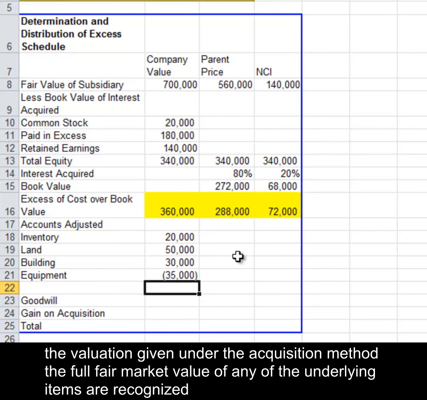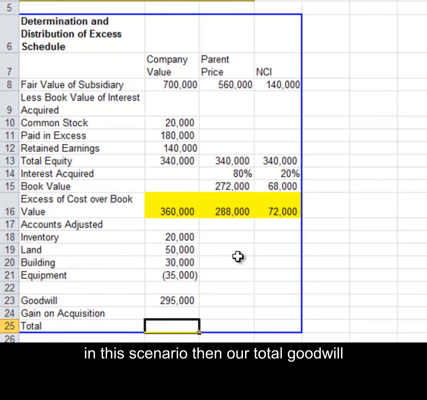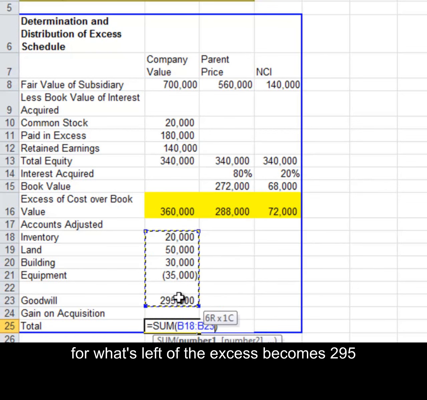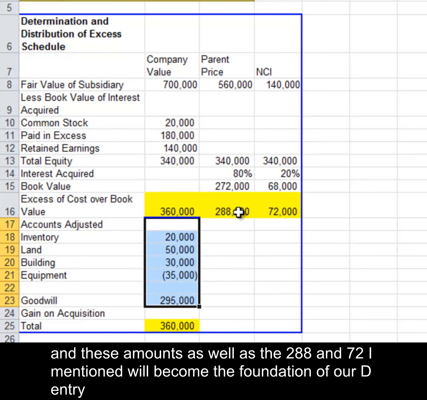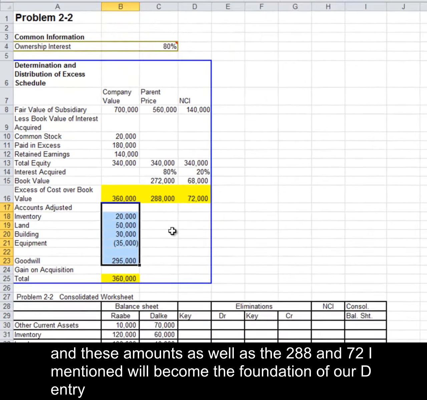Under the acquisition method, the full fair market value of any of the underlying items are recognized. In this scenario, then our total goodwill for what's left of the excess becomes $295, and we see that we have properly assigned the full excess. And these amounts, as well as the 288 and 72 I mentioned, will become the foundation of our D entry.